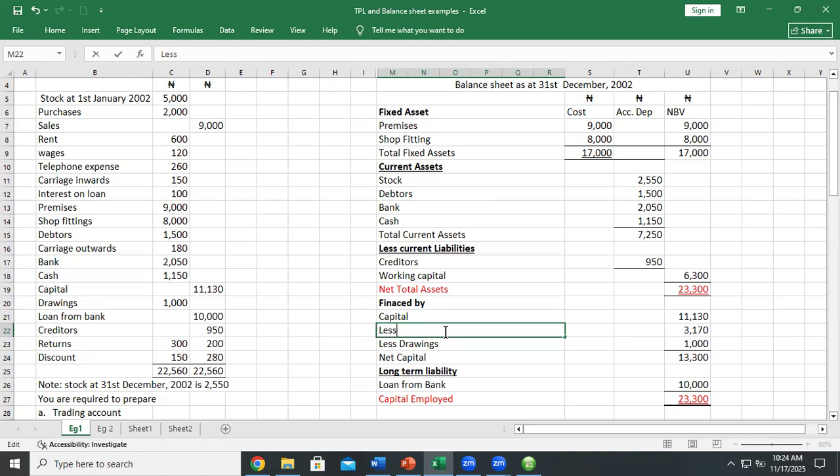A loss is a negative figure, so it will be deducted from the capital. So less net loss, and then you put the figure here. So if it's a loss, you subtract, but if it's a profit, you add. I hope that is clear. Yes, please. Thank you, Prof.